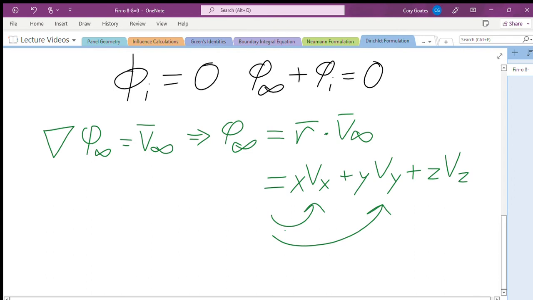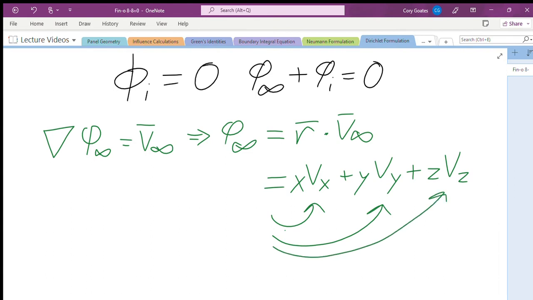So we can see that if we take the gradient of this quantity here, that'll give us our free stream velocity. Okay? And I guess I really probably should put little infinities right in here on these vz, vx, and vy, but we'll forego that for now.